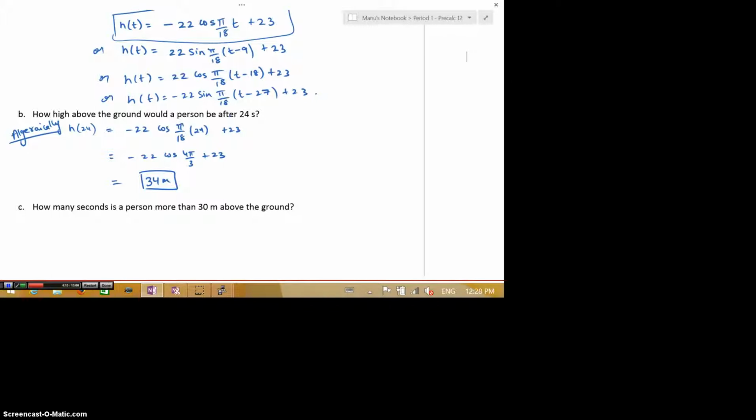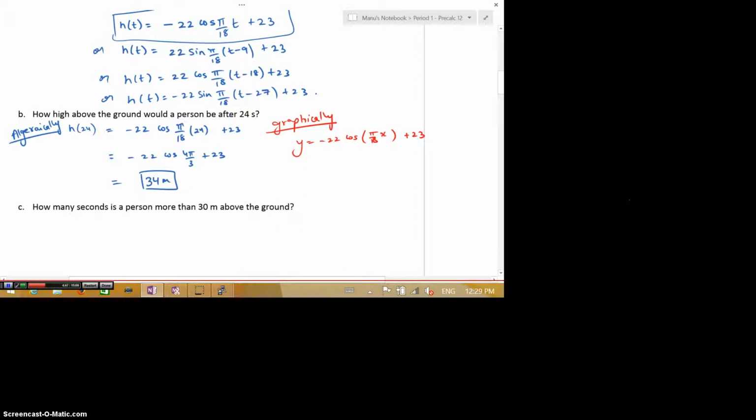We can also do this graphically, right? To do it graphically, we have to graph this equation. So we'll graph y equals negative 22 cosine of pi over 18 x plus 23.